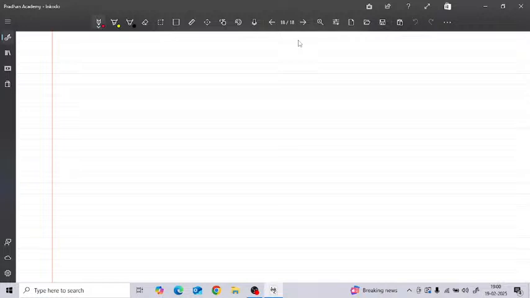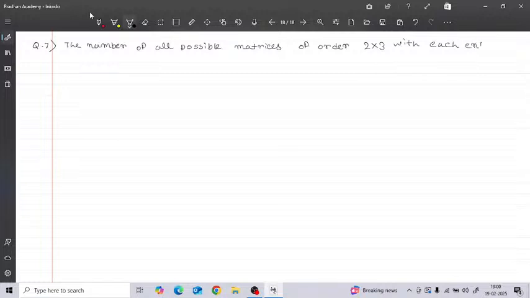Here's an interesting question from year 2022. Question number 7 is asking: the number of all possible matrices of order 2 cross 3, with each entry 1 or 2.